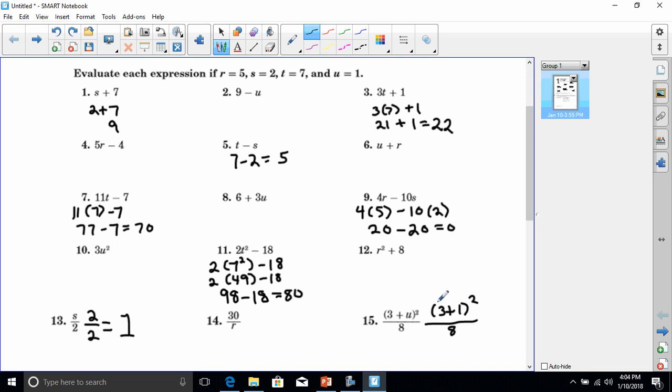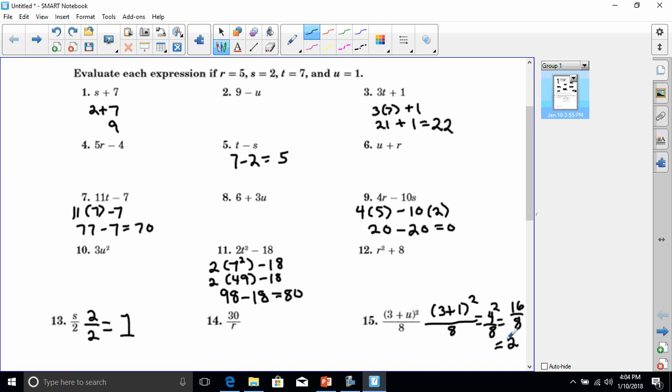So we got 3 plus 1, and that's going to be 4 to the second power, and now we have all that over 8. So now I have 4 to the second power, which is 16, because that's 4 times 4. And that's going to be 16 over 8. And 16 divided by 8 is 2, so all of that equals 2.